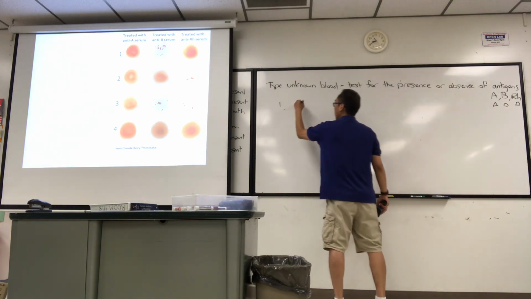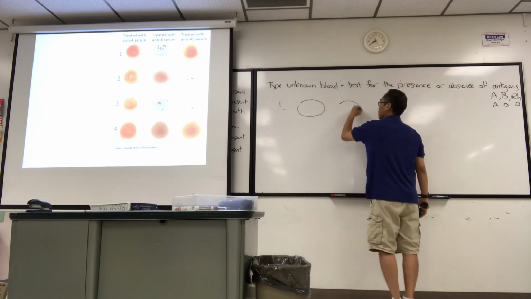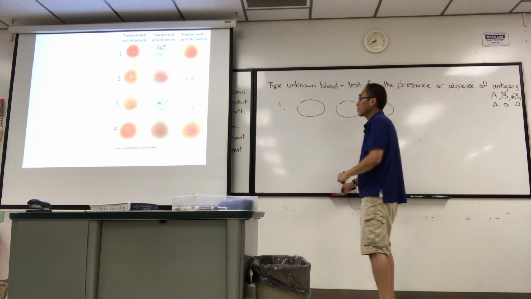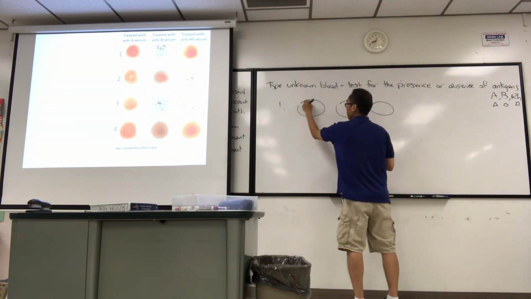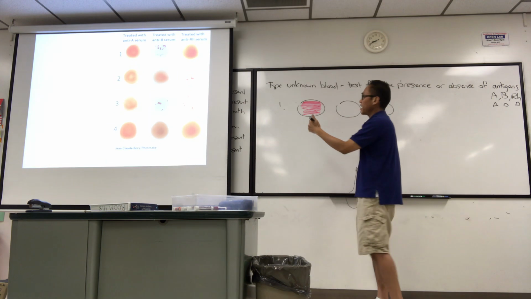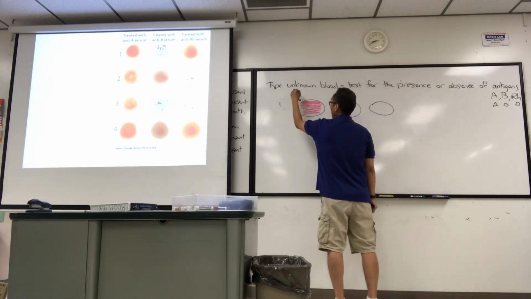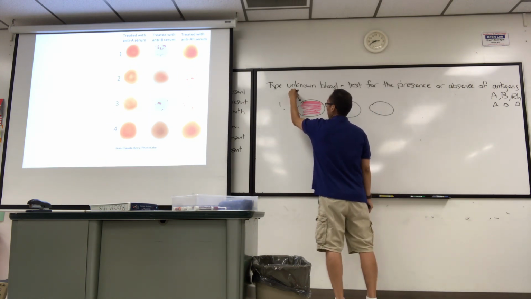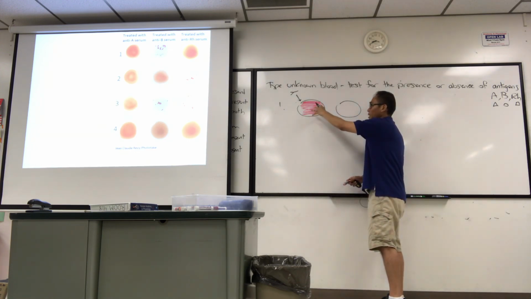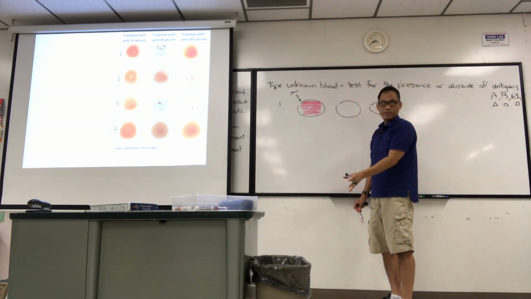So I got my 3 wells. Looks like the first well, no coagulation. Okay, I got my blood there. I added anti-A serum. That's antibody against A. And I throw it onto this blood, and nothing happens.